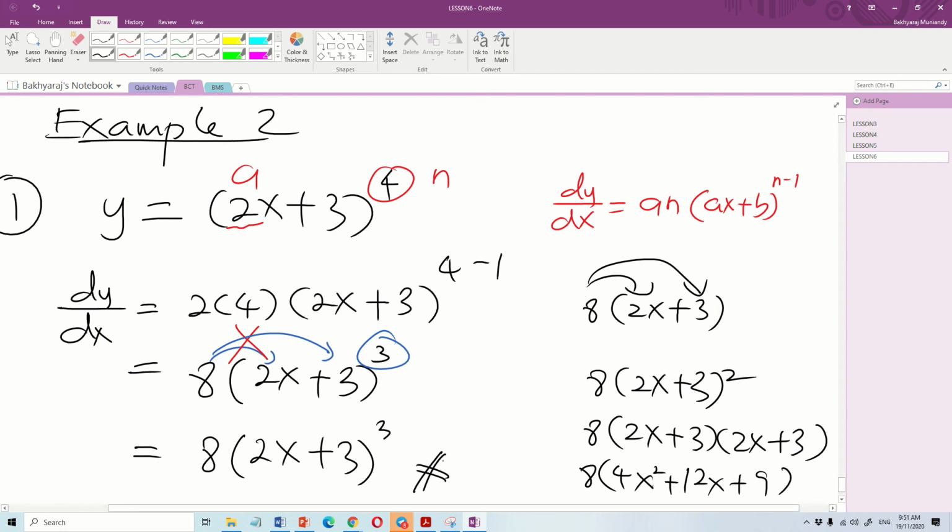Kalau kuasa tu kena, kalau tak expand macam ni, maksudnya macam ni. Tak payah expand. Maksudnya macam ni, 4x kuasa 2 tambah 12x tambah 9 macam tu.